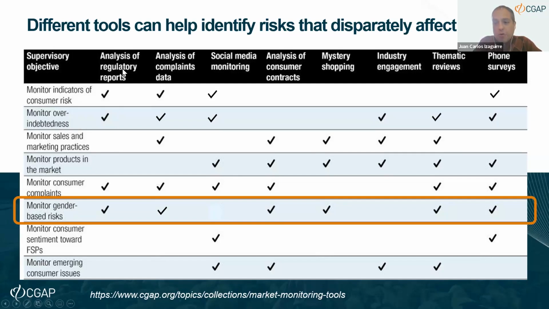Analysis of regulatory reports, analysis of complaints data, analysis of consumer contracts, mystery shopping, thematic reviews, and phone surveys are those types of tools that financial sector authorities can use regularly to monitor, identify, and act on consumer risks. But also other stakeholders can do this type of activity. Consumer associations, industry associations can do this.